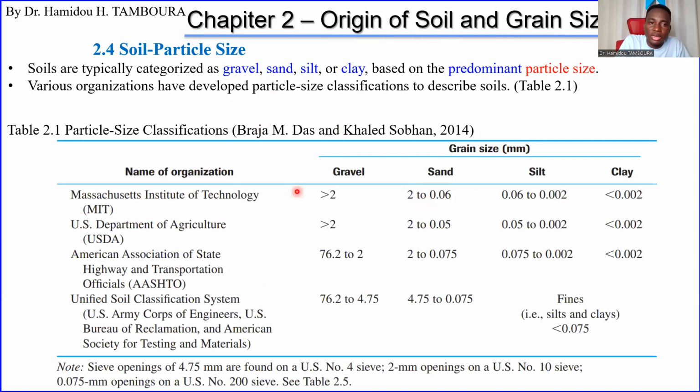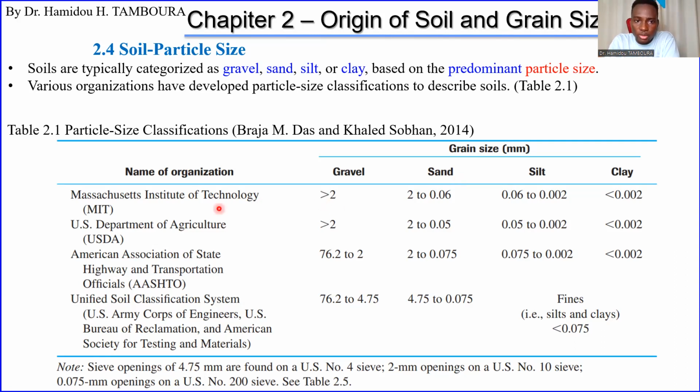We can see here MIT, the US Department of Agriculture, the American Association of State Highway and Transportation Officials, and the Unified Soil Classification System. Each of them has its own classification, but they are all based on the size of the soil particle.